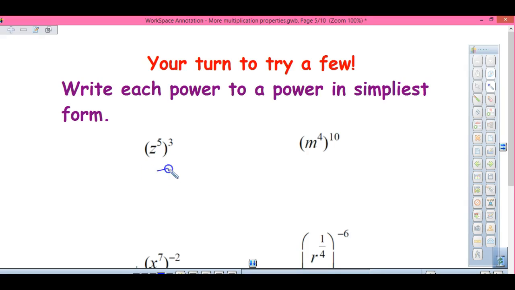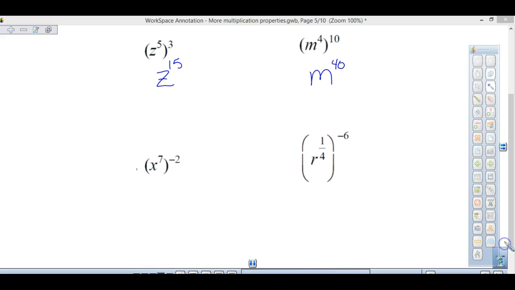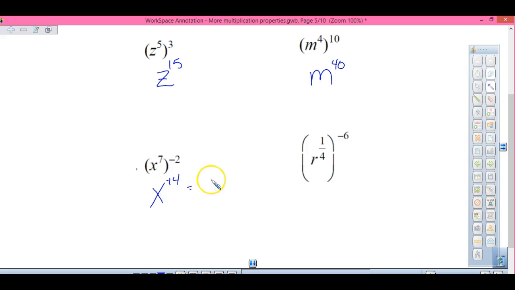I have z to the, m to the 40th. How about this one? So x to the negative 14. Can I leave it like that? No. 1 over x to the 14th.